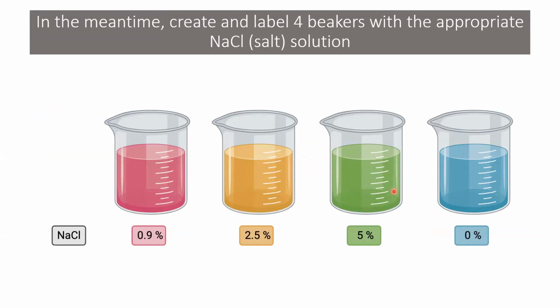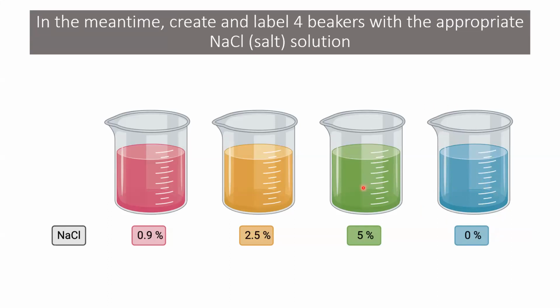So here, the 0% solution is hypotonic relative to the potato. So you have to make a prediction. Since this is a hypotonic solution, what do I think is going to happen to the water molecules? Do you think water molecules are going to go into the potato or leave the potato?